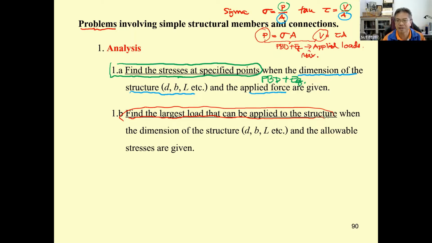By doing this, they are going to provide you with the area of the structural member, the cross-sectional area of the connection, and they also provide you with the allowable stress. It means this sigma over here will be sigma allowable, and this one is going to be tau allowable.